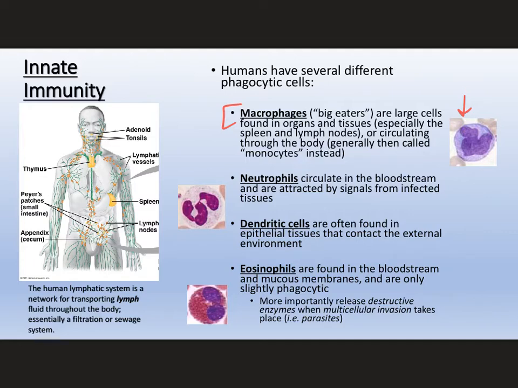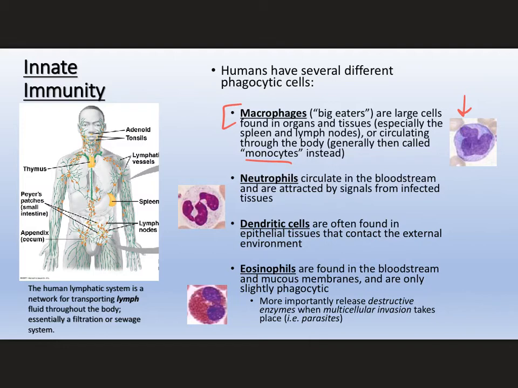And so these are found in organs and tissues. So they're kind of circulating through your bloodstream and through your body tissues, looking for potential foreign agents that they can basically swallow up, right, and break down. And a lot of times we call them monocytes if they're in your bloodstream, but then once they're out in the tissues, we call them macrophages.